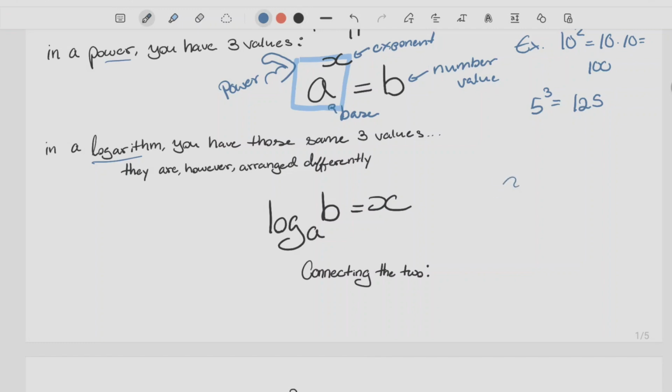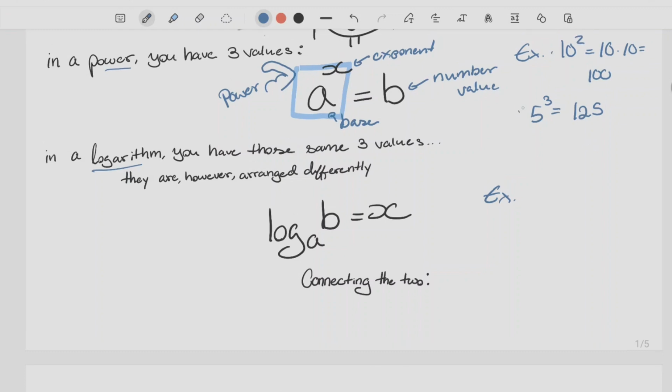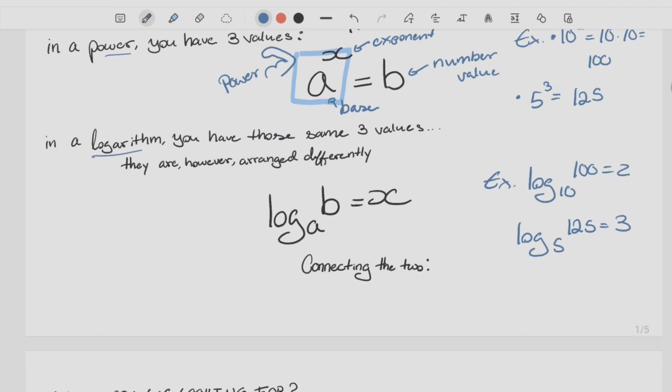So, for example, if we're going to abide by these two here, start with the 10 squared. We've got log base 10 of 100 equals 2, and log base 5 of 125 equals 3.